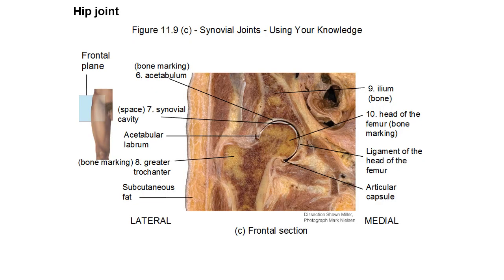Here's a section through the femur. So you have the head of the femur, and the femur there. You have the joint space, and this is the acetabulum part there. You can see a little bit of the acetabular labrum, just a little edge right there, because this is all articular cartilage there.